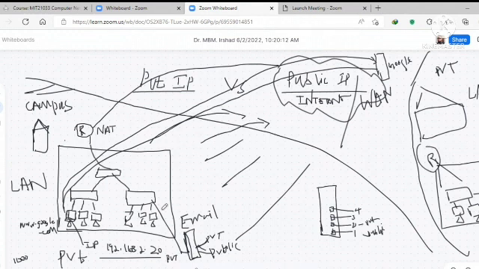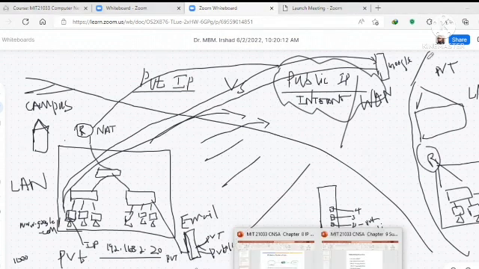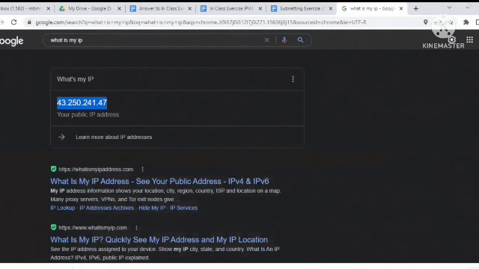It is free. The private IP ranges are freely available. You can use them without any difficulties. That is why the router has the facility called network address translation, NAT. With NAT, you will be able to go to the internet using a public IP. So that is the public-private difference.